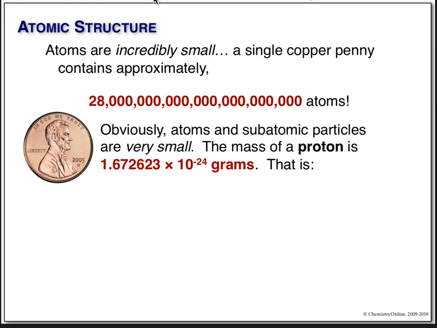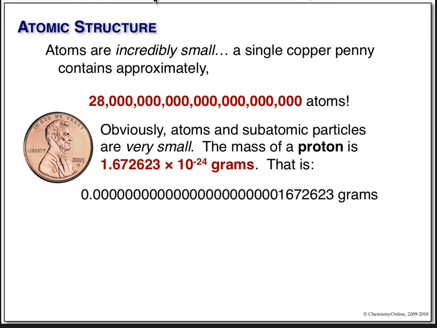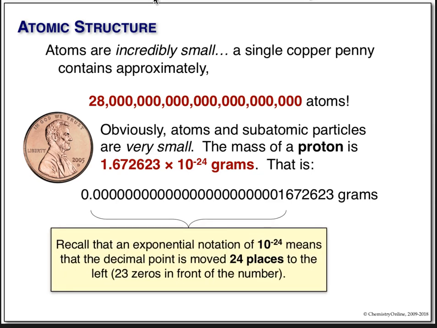Mass of a proton, we said, was 1.67 times 10 to the minus 24. And then last time in chapter 1, we talked about scientific notation. This is the decimal equivalent. We're moving it over 24 places to get our exponent.